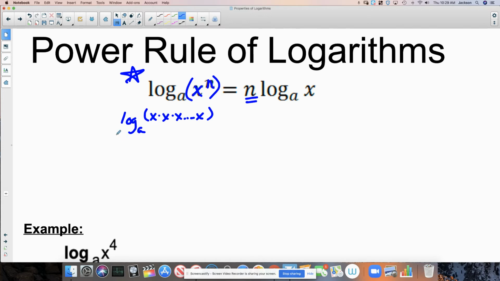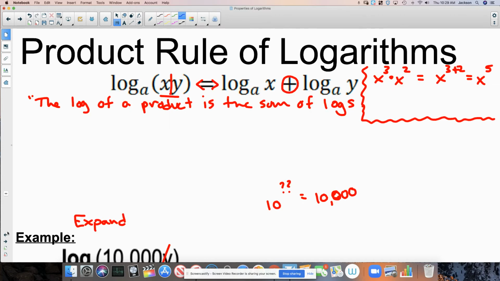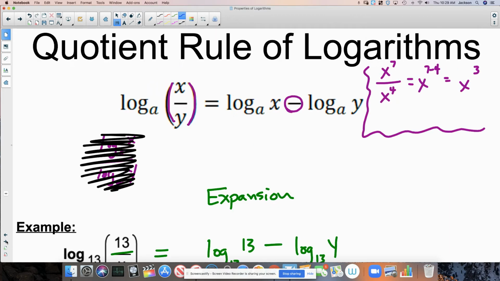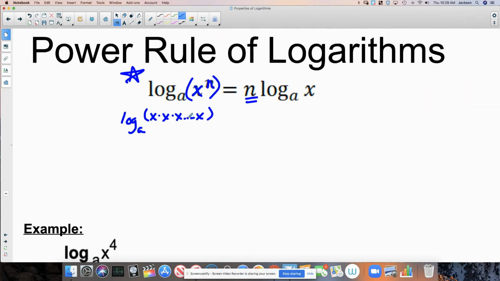And the log of a product, ding, ding, ding, is the sum of logs, even if it's more than one term. So this is however many, we have n x terms in here. So that's really log base a of x plus log base a of x plus log base a of x, right? And we would have n of these terms.